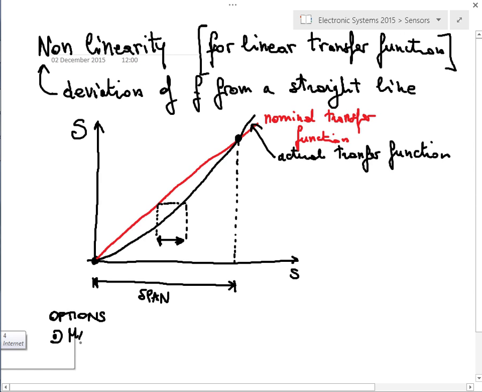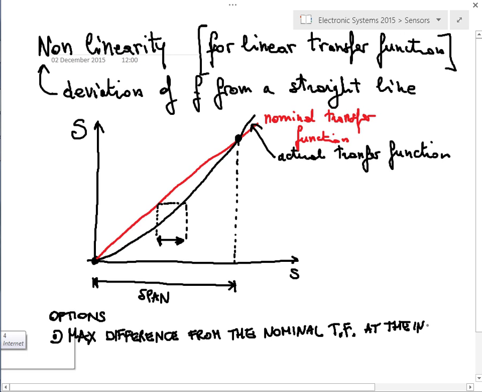Let's say first is the maximum difference from the nominal transfer function. Of course, it's always at the input. So the nonlinearity would be this quantity, N1.